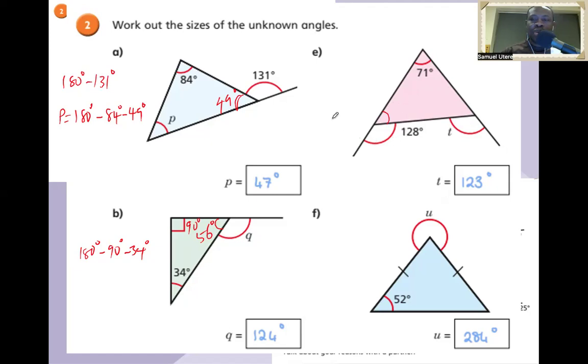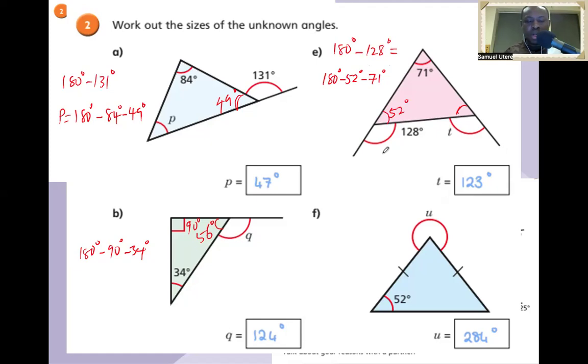So first, step one, 180 degrees minus 128 degrees will give us 52 degrees. Now that we know that this is 52 degrees, we can find this angle because we can do 180 degrees minus 52 degrees minus 71 degrees.